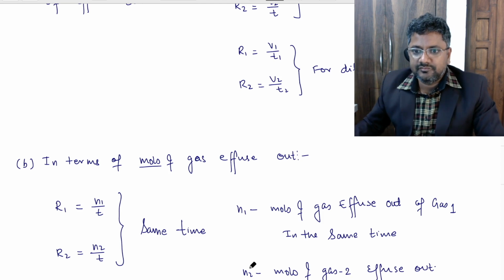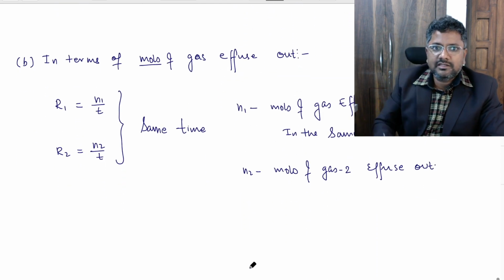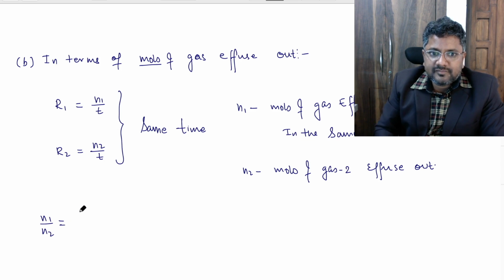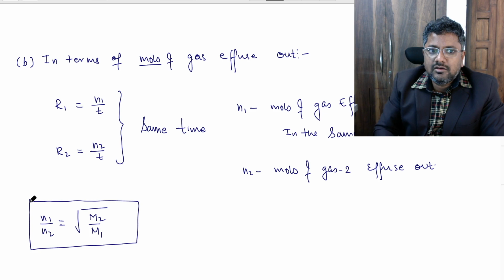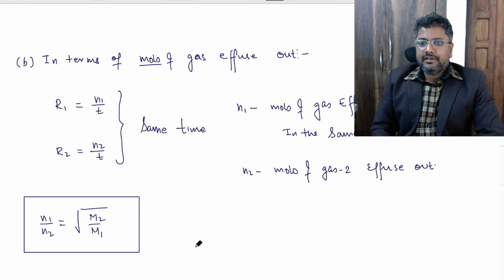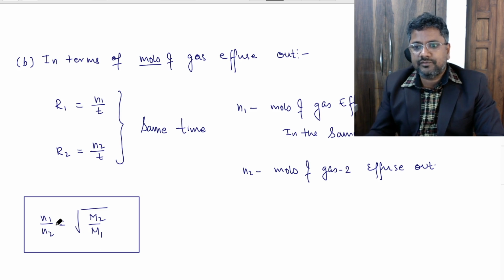So this is in terms of moles. So what is the formula? If we take same time, we can write here N1 by N2 is equal to root of N2 by N1. Okay, dear students, hopefully it is clear to all of you. This is the moles of gas 1 effused out, this is the moles of gas 2 effused out.